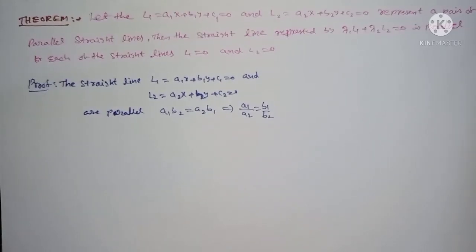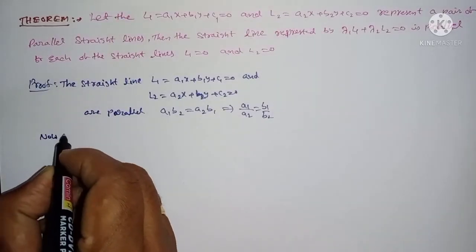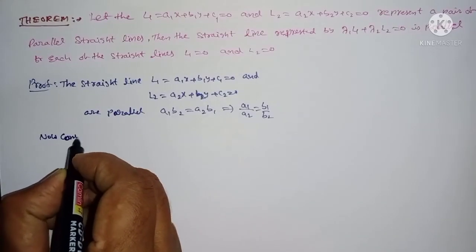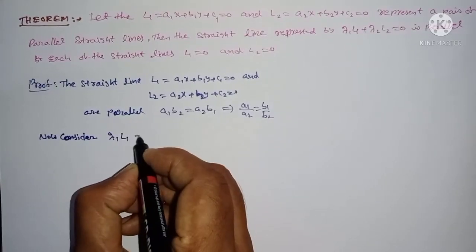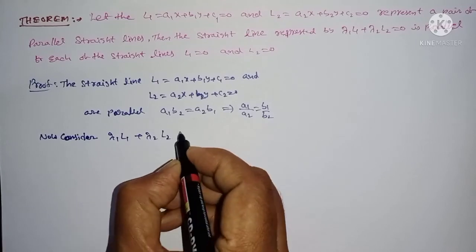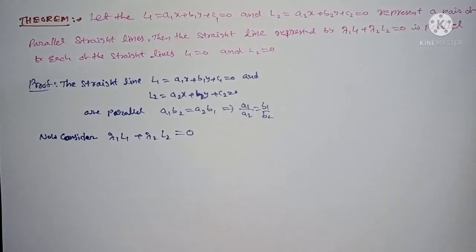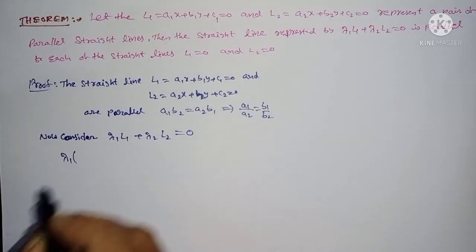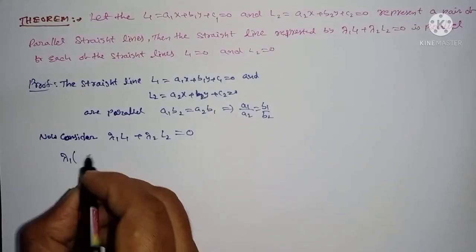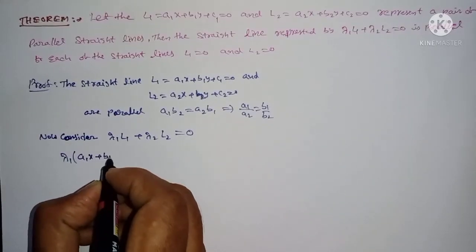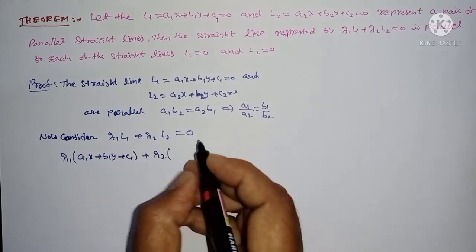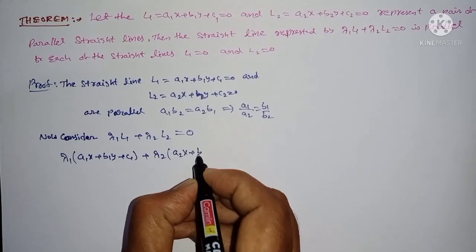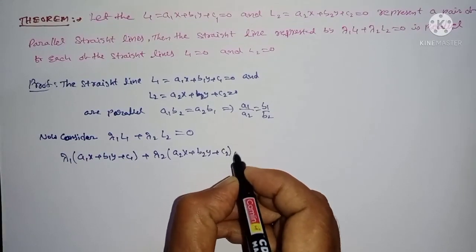Similarly, now consider lambda 1 L1 plus lambda 2 L2 is equal to 0. Here lambda 1, lambda 2 are any parameters. Therefore lambda 1 of L1, a1x plus b1y plus c1, plus lambda 2 of a2x plus b2y plus c2 is equal to 0.